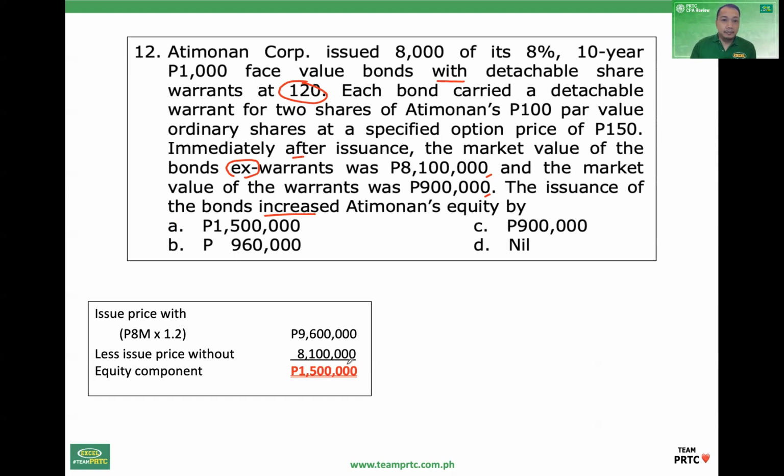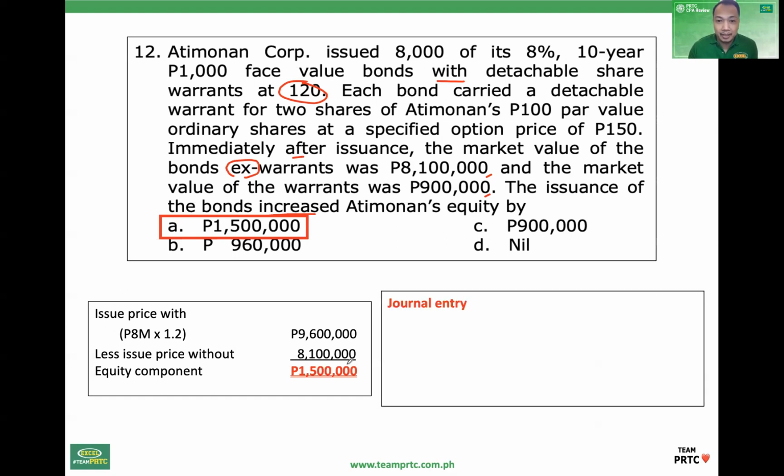So number 12, letter A. Journal entry for emphasis using the traditional entry na yung bonds payable ay naka-face value. So debit, cash, total proceeds, 9.6 million. Credit, bonds payable at face value.